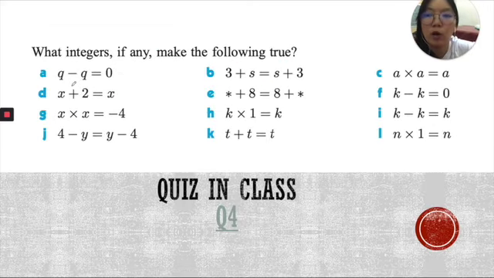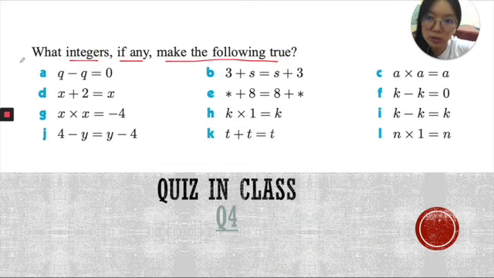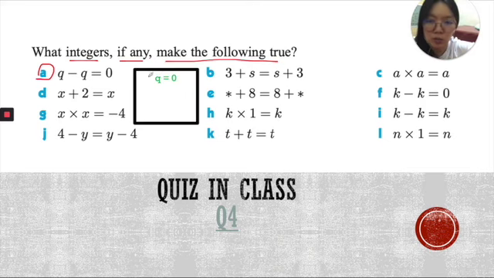Question number 4. What integers, 哪个整数, make the following true? Let's look at question number A. Q minus Q equals to 0. So using try and error, 尝试和犯错. Let's try Q equals to 0. Could that be? Q minus 0 equals to 0. Yes.